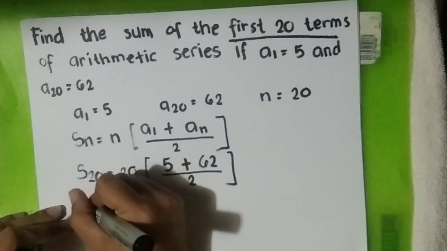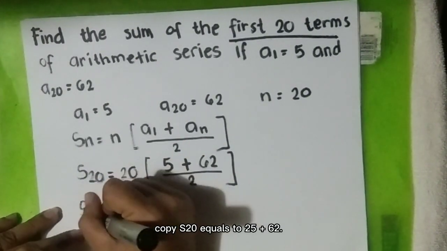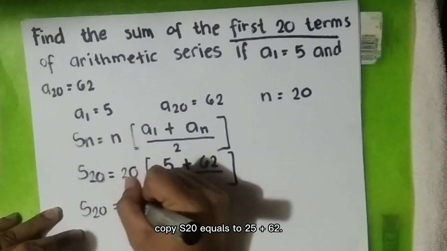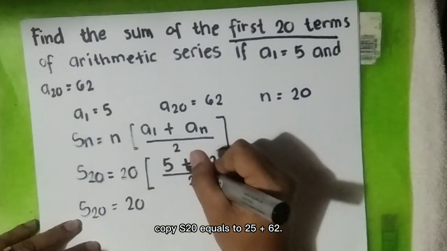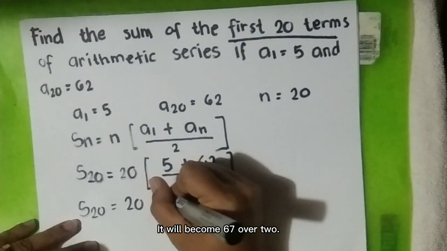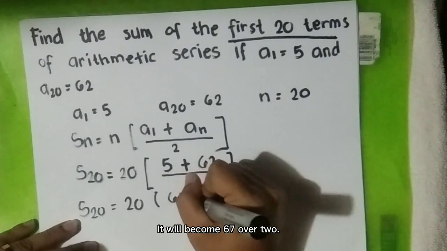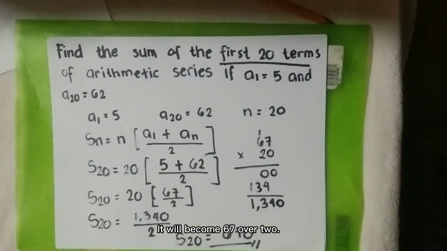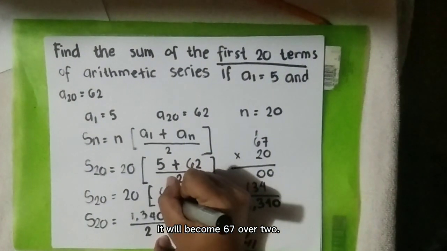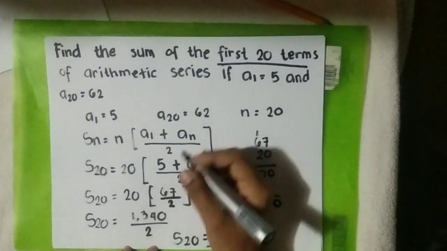So, copy S sub 20 equals 20 times 5 plus 62, which will become 67, over 2.